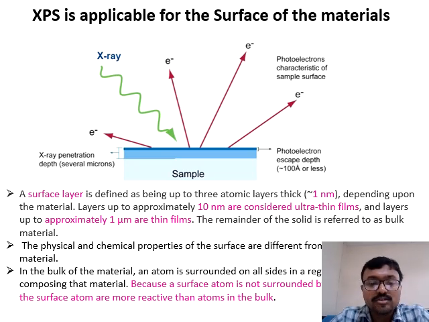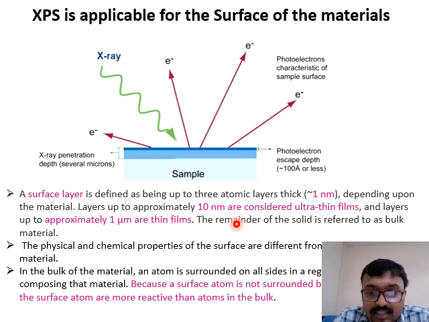Next thing is, I already told you that XPS can measure the depth of the sample. A surface has 3 atomic layers, and the thickness will be 1 nanometer. A thin film will be 1 micrometer, very big.